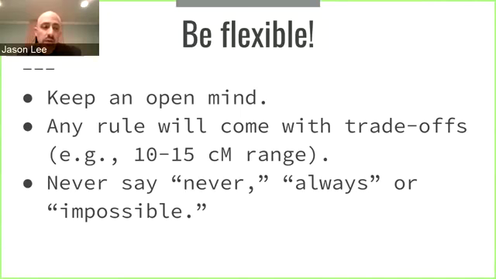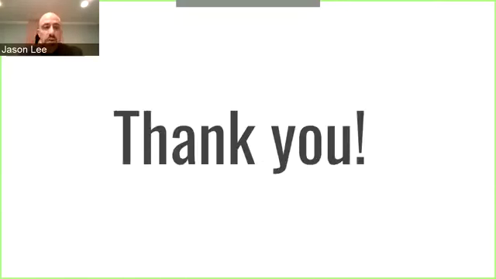So there's a trade-off. You could pick 12 centimorgans, and still there's going to be a trade-off. So there's no perfect threshold, but I would say never say always, never say impossible. Eventually you're going to run into an example that defies all of the rules.